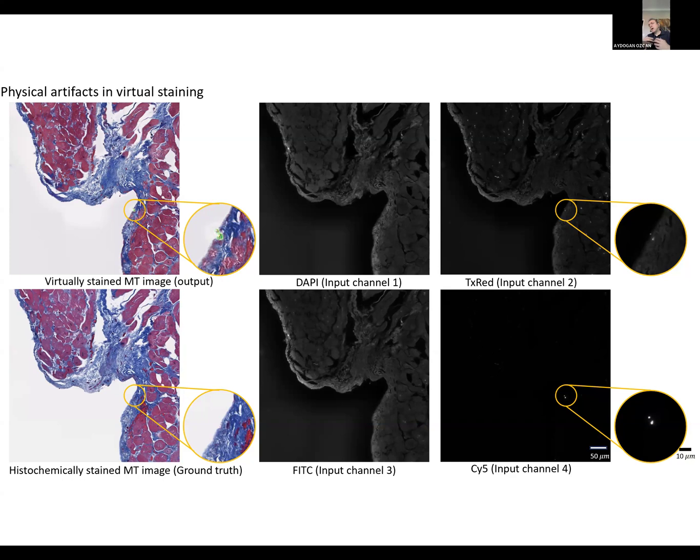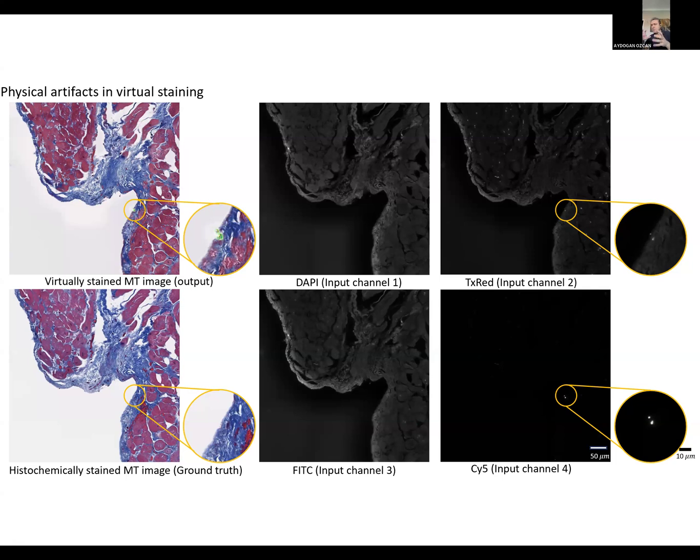Those are realistic hallucinations, and the earlier one was an unrealistic hallucination. No worries about those kinds of hallucinations, but realistic hallucinations are the most dangerous ones. And we have shown that there are ways to handle realistic hallucinations through the physics of autofluorescence and virtual staining.